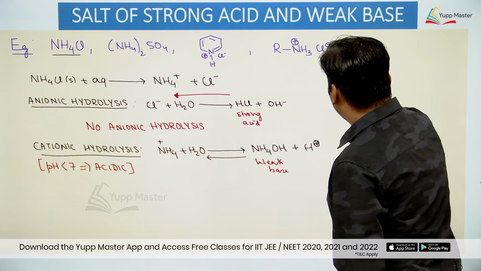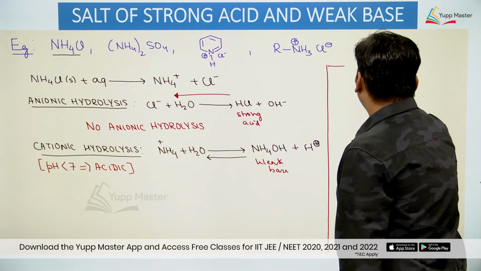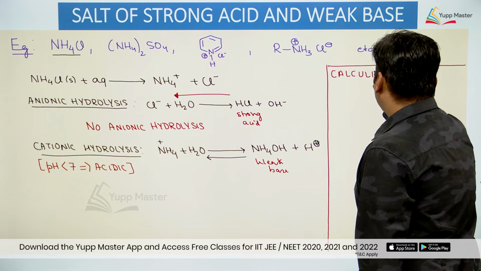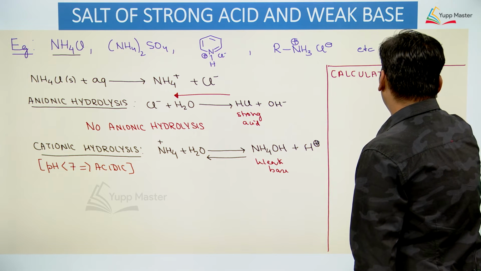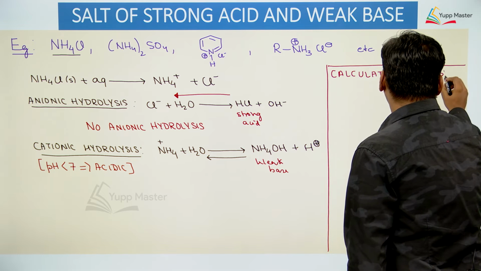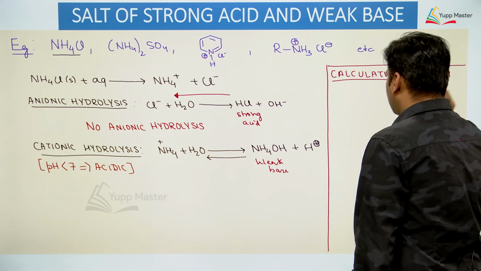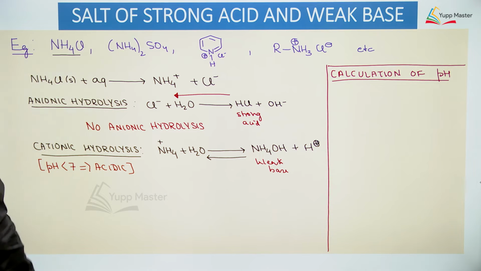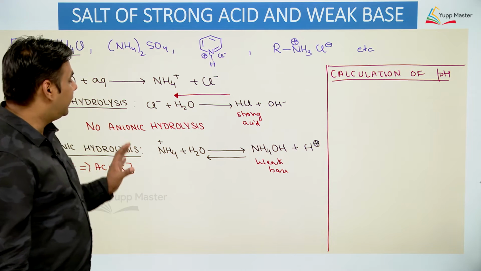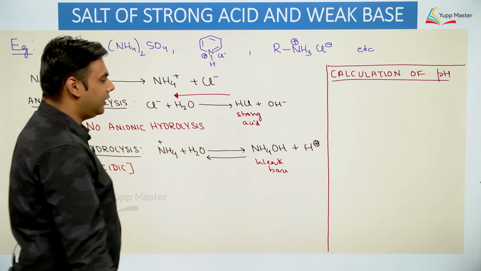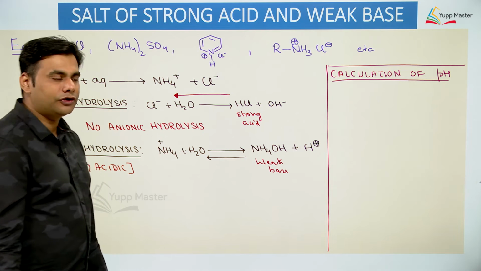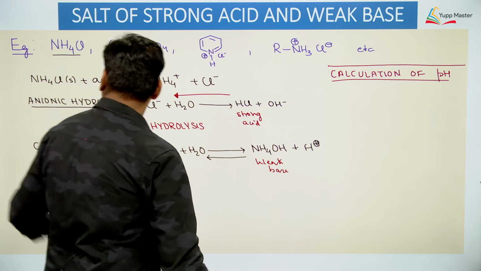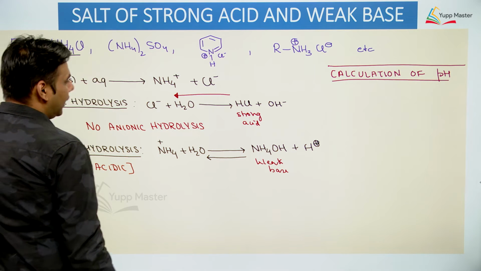So now let us calculate the pH of such solutions. Okay, so next is the calculation of pH. What exactly would be the pH of the solution? Before going into this, because there is a hydrolysis reaction taking place and an equilibrium established over here, and every reaction has an equilibrium constant, similarly this reaction would also have an equilibrium constant, which is known as the hydrolysis constant.